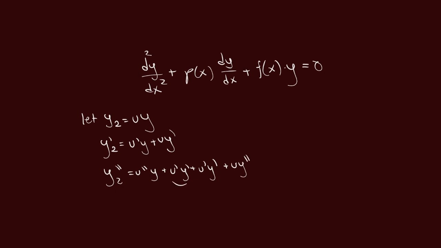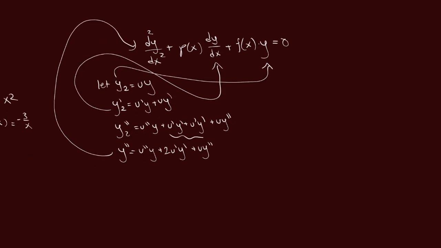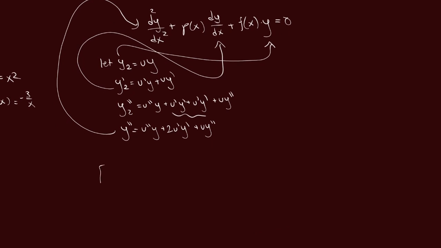And then we can just add these up. So this is u double prime. Now we plug this into here, here, and here. Things are about to get a little messy, so let's try to do this as neatly as possible.